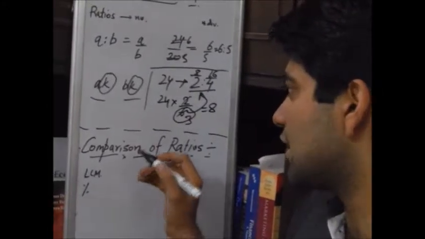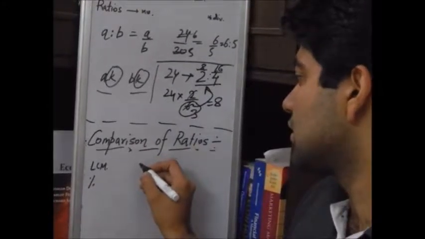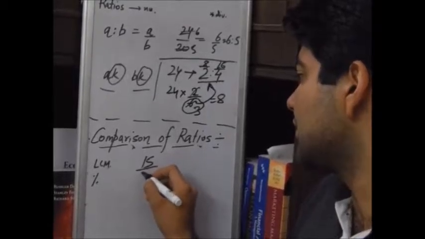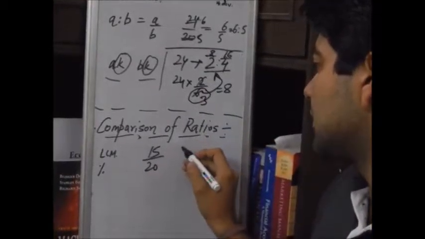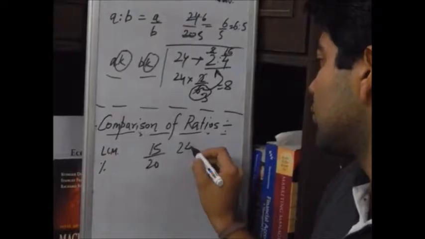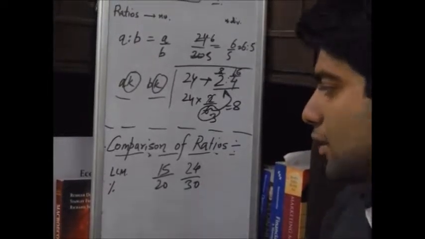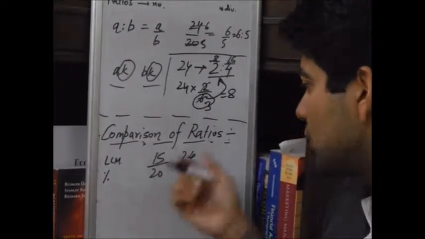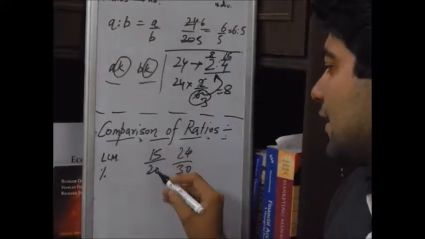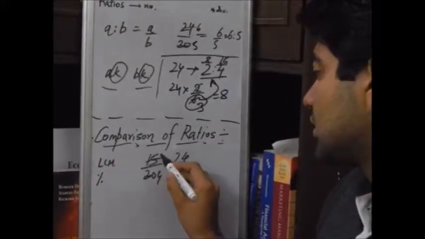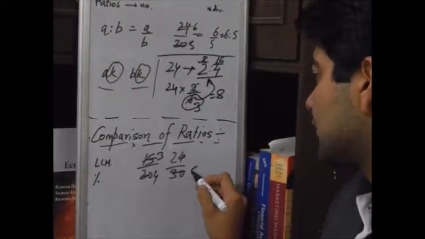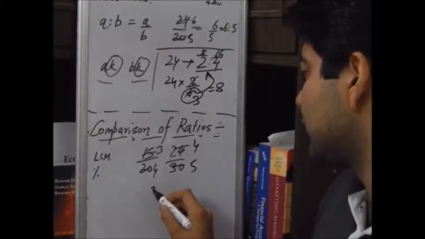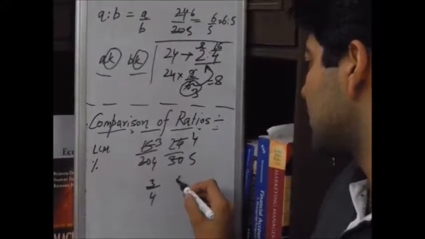So if I say there are two ratios like 15 by 20 and maybe 24 by 30, how do you compare them? One way of comparing is you can simplify them, and you can say 3 by 4 and 4 by 5.